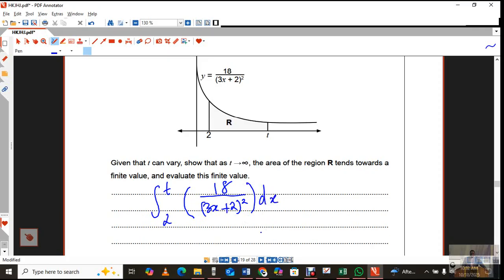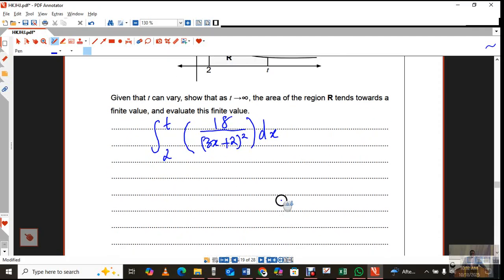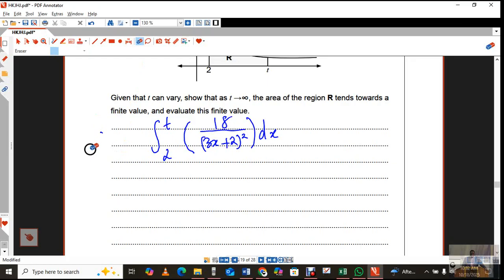And towards the end, we know that the limit exists as t tends to infinity. I'm always going to keep that in mind, but I'm just going to do that towards the end.